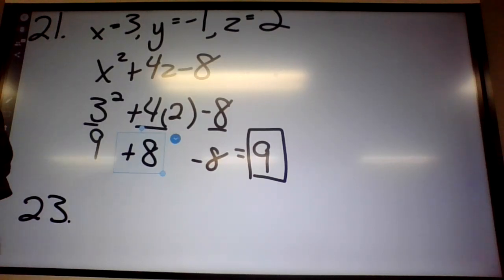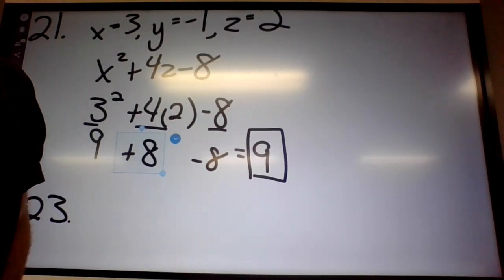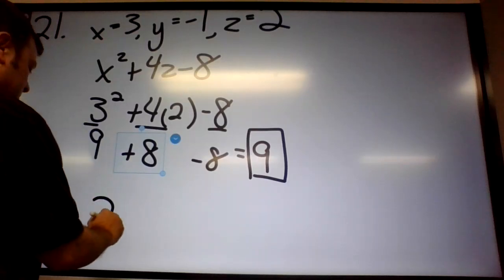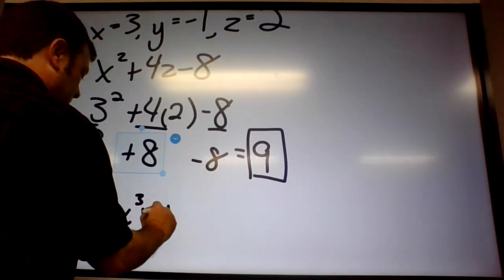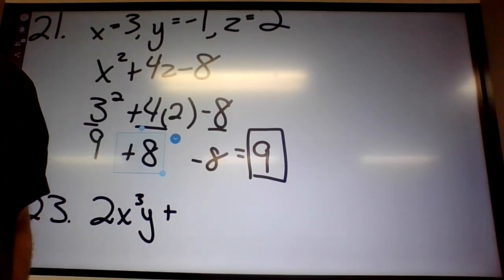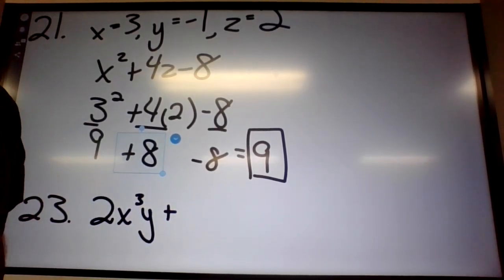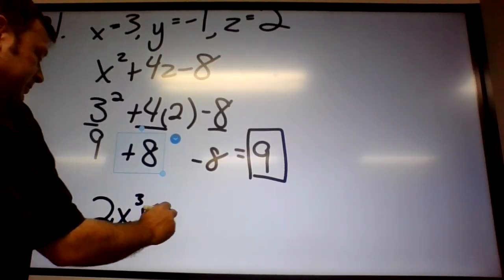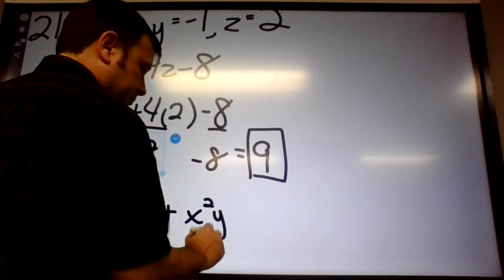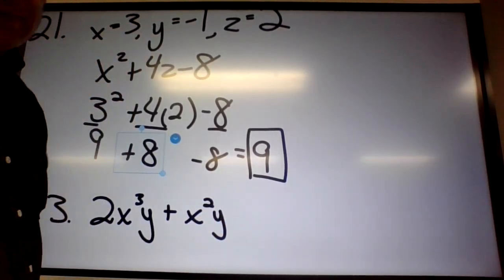Alright, what's 23 say? 2x cubed y, plus x squared y, minus 5xyz.